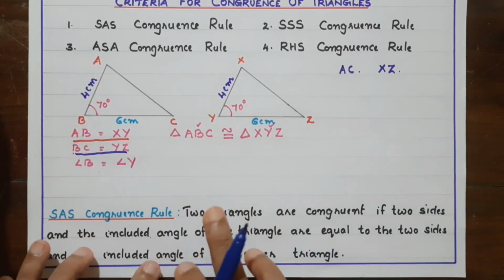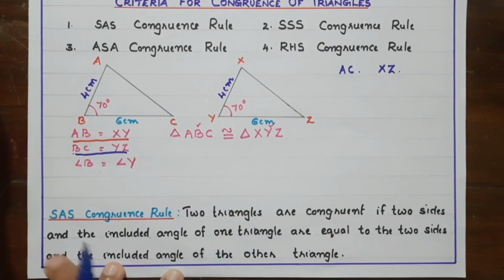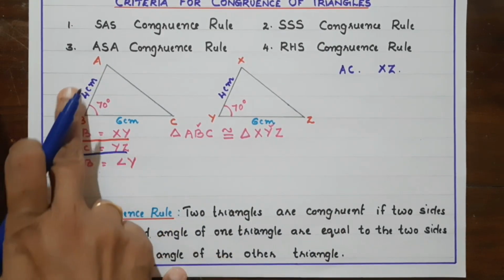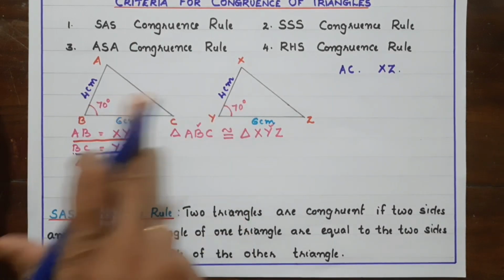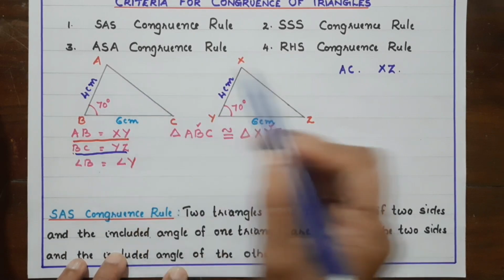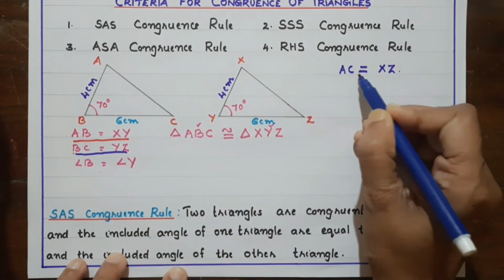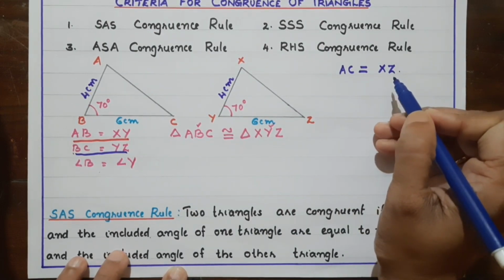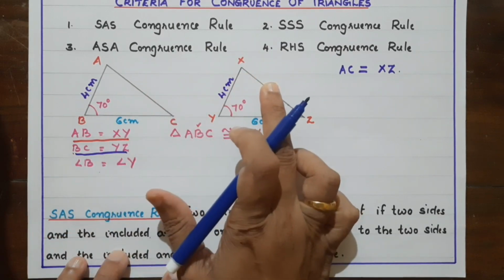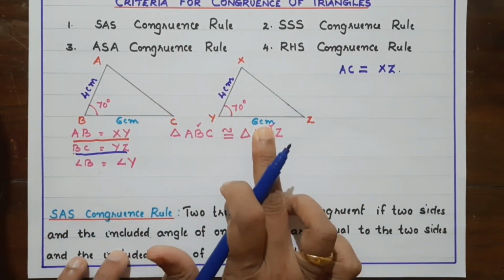Now we have already seen these two triangles are congruent by SAS congruence rule. Since two sides and included angles are equal, triangles are congruent. Then remaining sides are here AC and XZ. So we can say AC is also equal to XZ because these two sides are corresponding parts of congruent triangles.